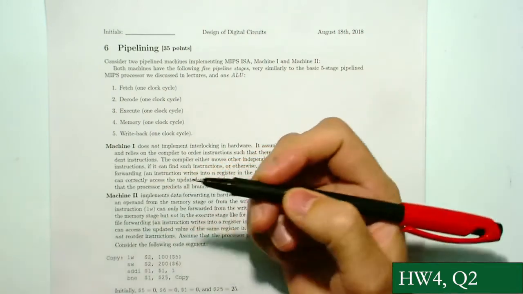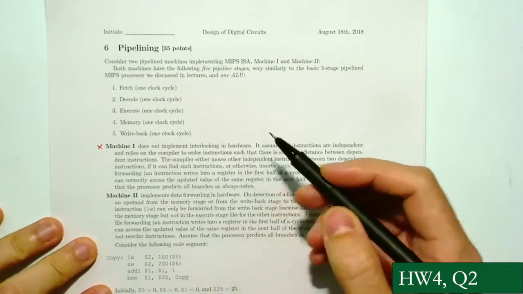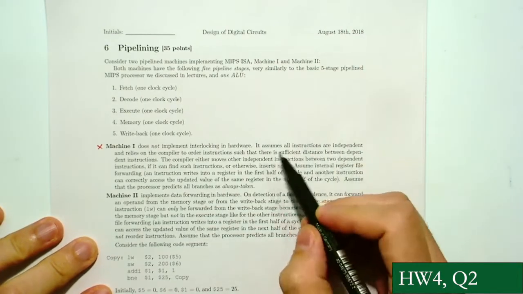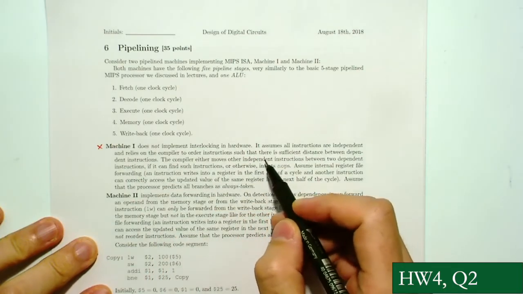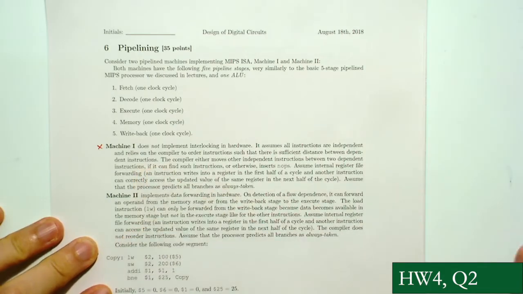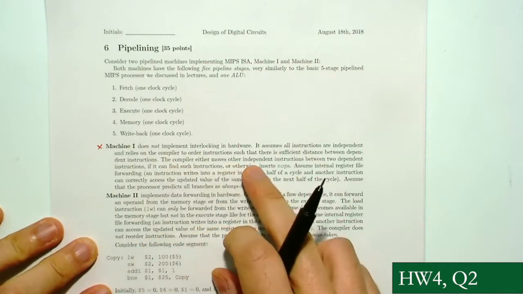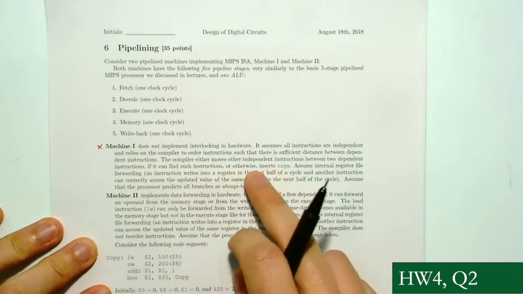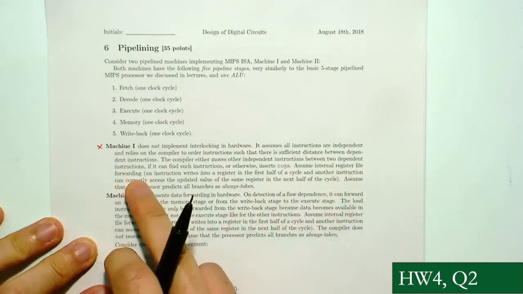So the first machine, machine 1, does not implement interlocking, so it cannot detect dependencies in hardware. It assumes all instructions are independent and relies on the compiler to order the instructions such that there is sufficient distance between dependent instructions. So it's the compiler who has to deal with the dependencies. The compiler either moves other independent instructions between two dependent instructions, if it can find such instructions, or otherwise inserts nops. Assume internal register file forwarding.